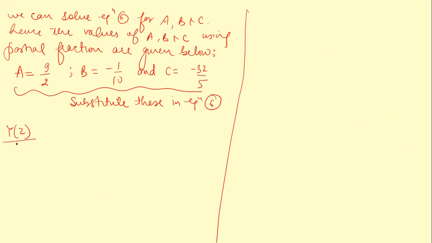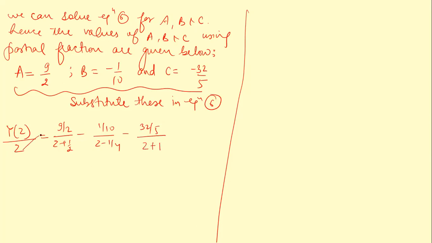So we have yz by z is equal to 9 by 2 divided by z plus 1 by 2 and minus 1 by 10 divided by z minus 1 by 4 minus 32 by 5 divided by z plus 1, right?